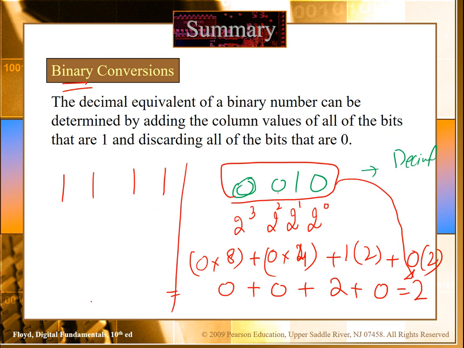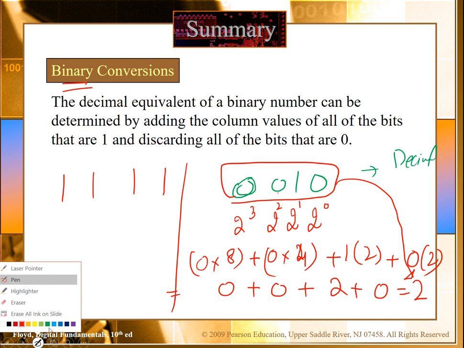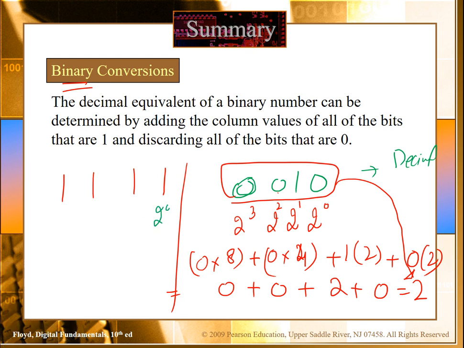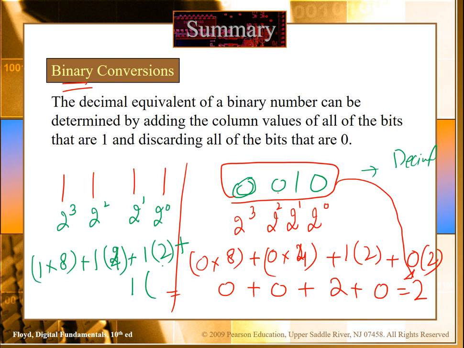Now let's try to convert this number. Again the procedure is the same. First step is to write the powers. 1 multiplied with 2 to the power 3, which is 8. Then we write the sum of product form: 1 multiplied with 2 to the power 2, which is 4, 1 multiplied with 2, plus 1 multiplied with 2 to the power 0, which is actually 1.